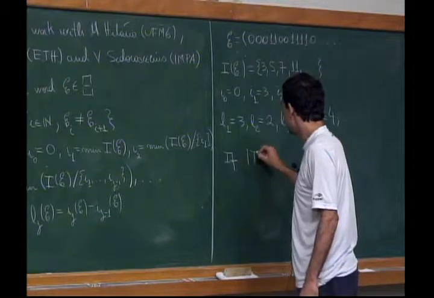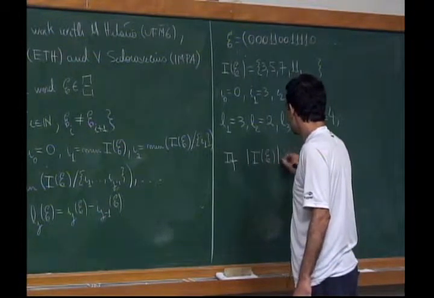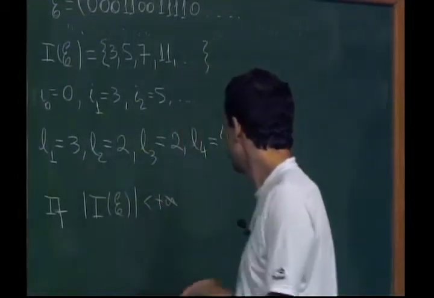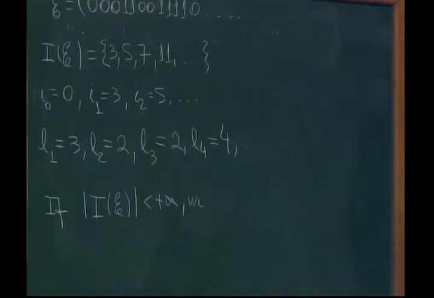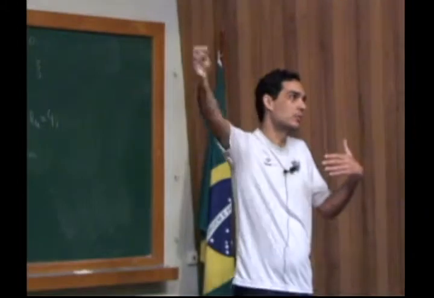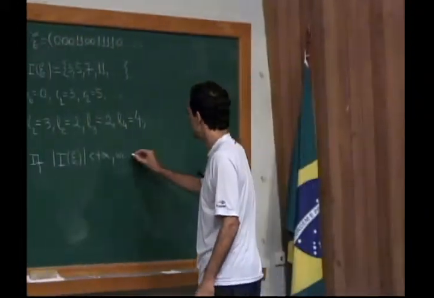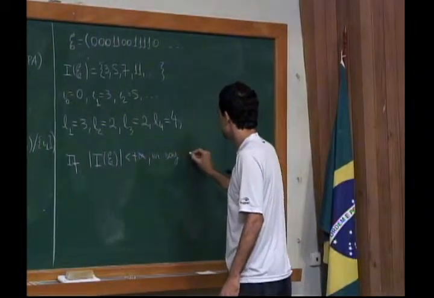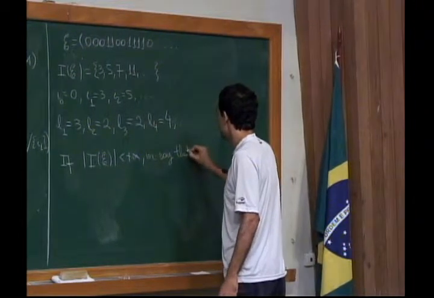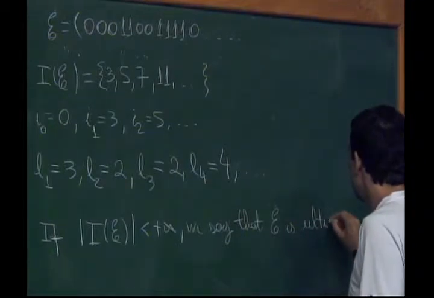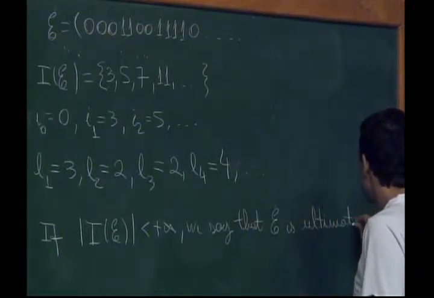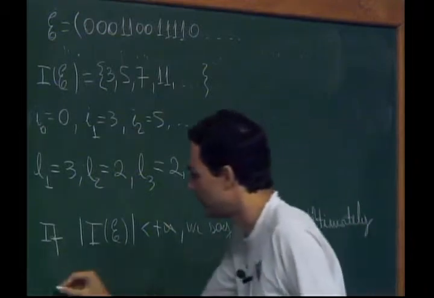If the cardinality of this set is finite, that is, my sequence xi ends with 0, 0, 0, 0, and so on, or 1, 1, 1, 1, we say that the word is ultimately monochromatic.